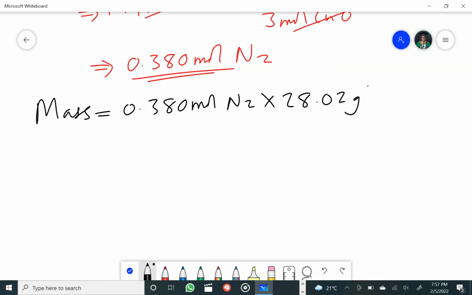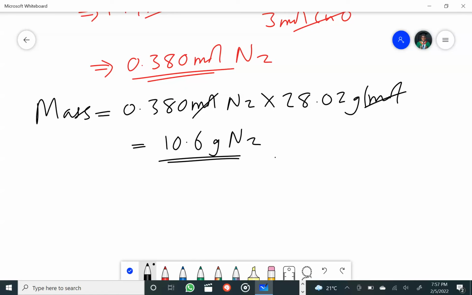That's the molar mass of the nitrogen molecule. Remember, it's N2. So you multiply these, the moles cancel, you're remaining with grams. So that's going to be 10.6 grams of nitrogen. So basically, that's how you want to handle this.